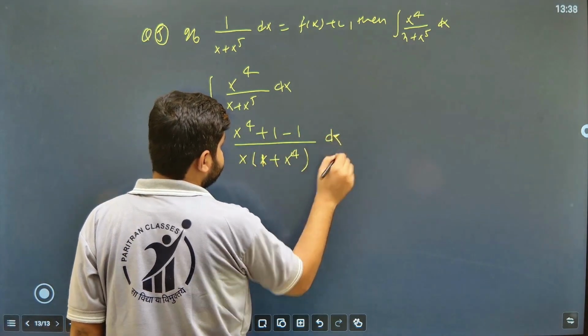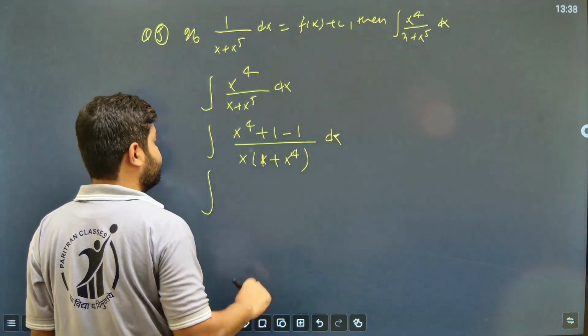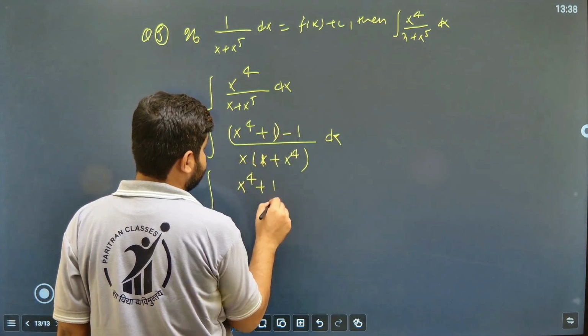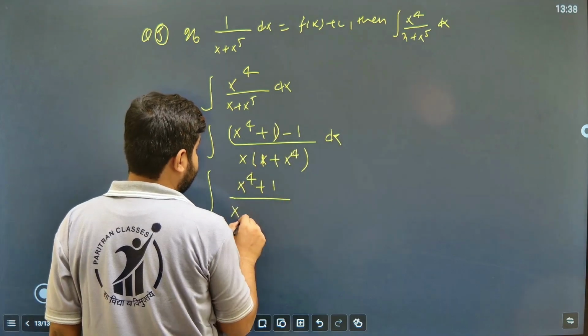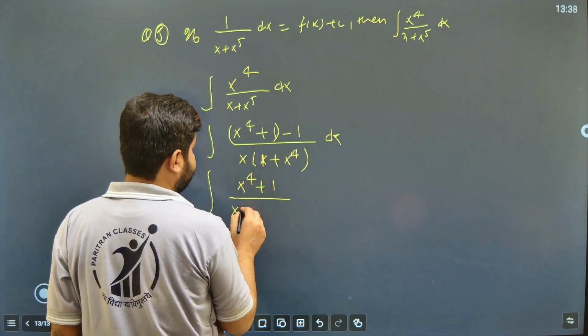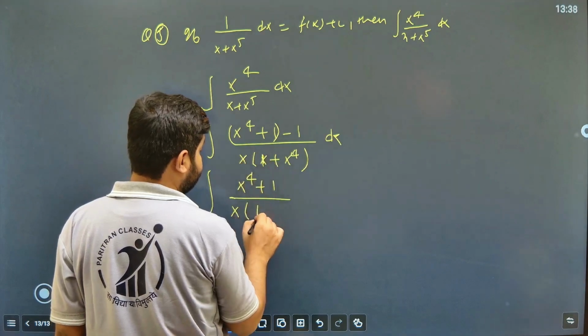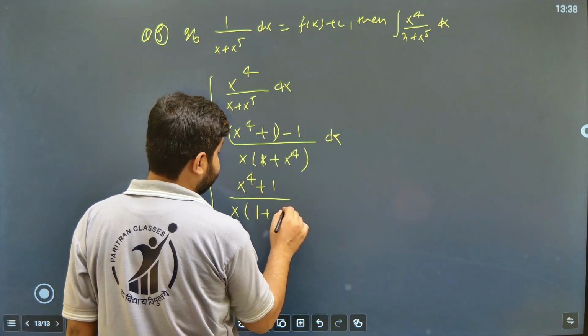So we have to write x to the power 4 plus 1 upon x into x plus x to the power 4.